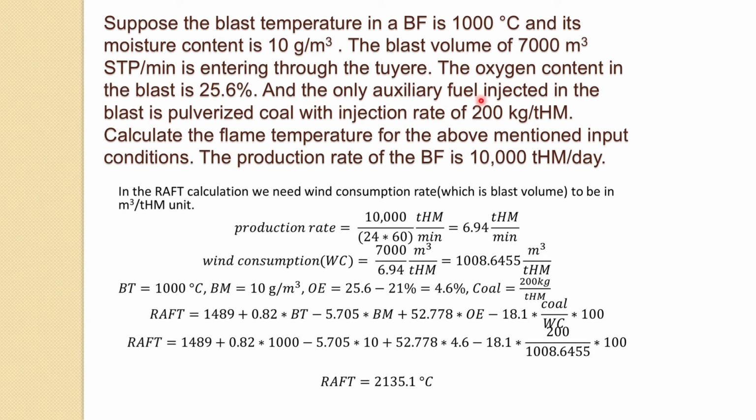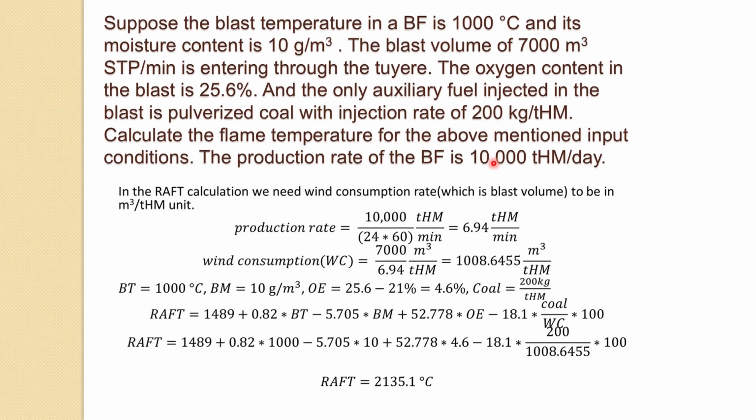And the only auxiliary fuel injected in the blast is pulverized coal with an injection rate of 200 kg per ton of hot metal. So, one has to find the flame temperature in the above condition. The production rate of the blast furnace is 10,000 ton hot metal per day.